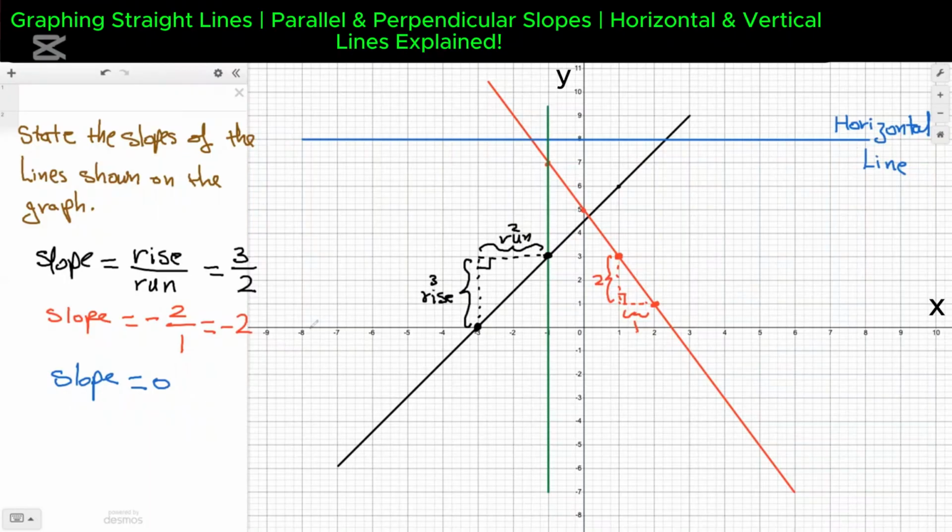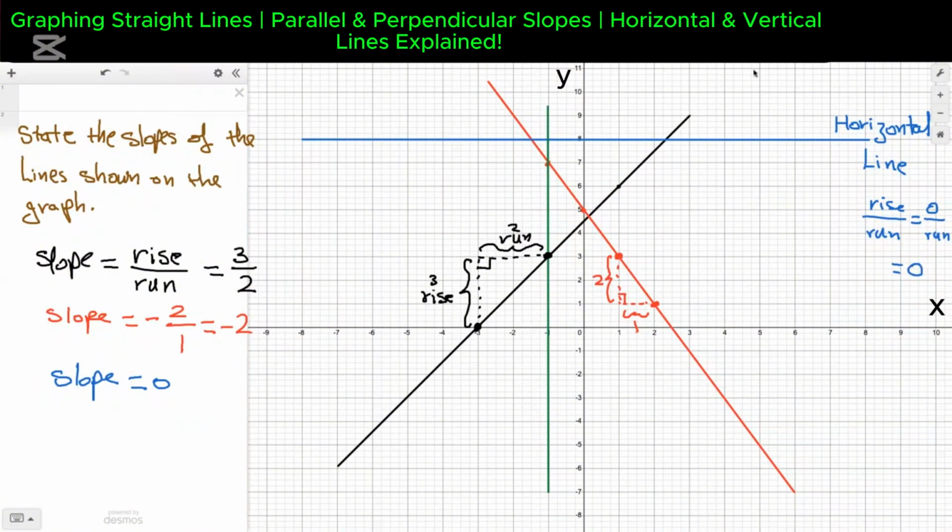Also, if you're thinking of rise over run for the blue line, is this line rising at all? No, it's not. It's rising 0. Is it running? Yeah, it is running. So 0 over the run, and 0 divided by anything, as we know from the property of 0, always gives you 0, and that's why we got 0.